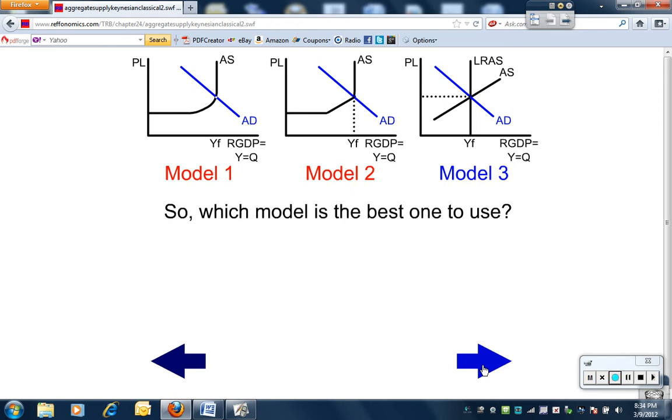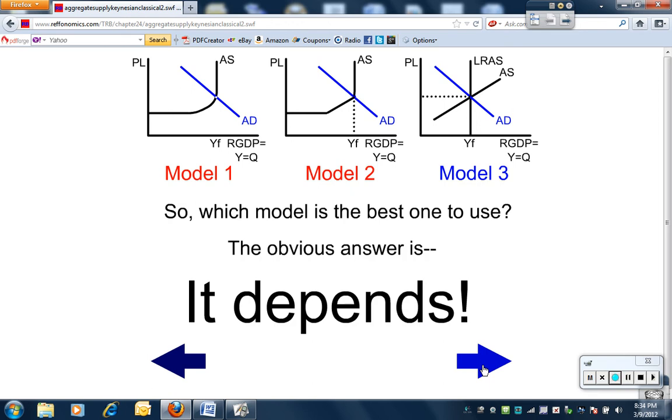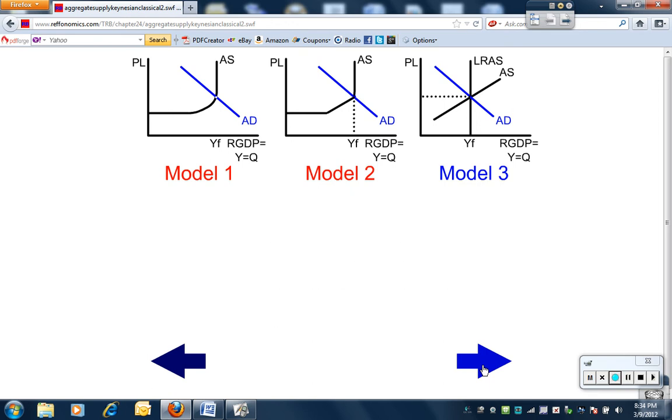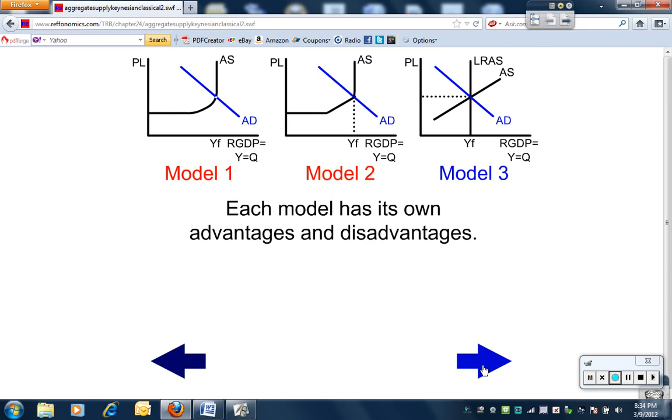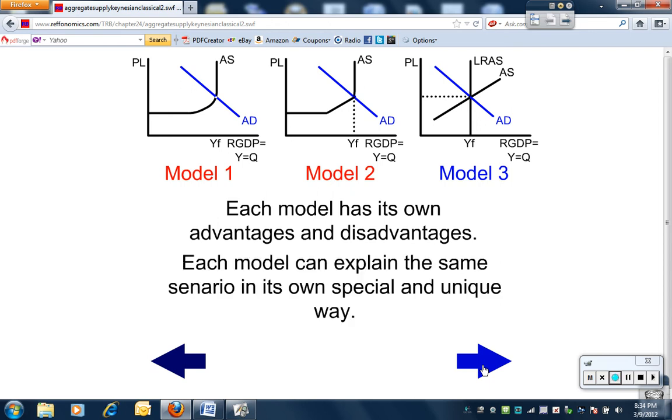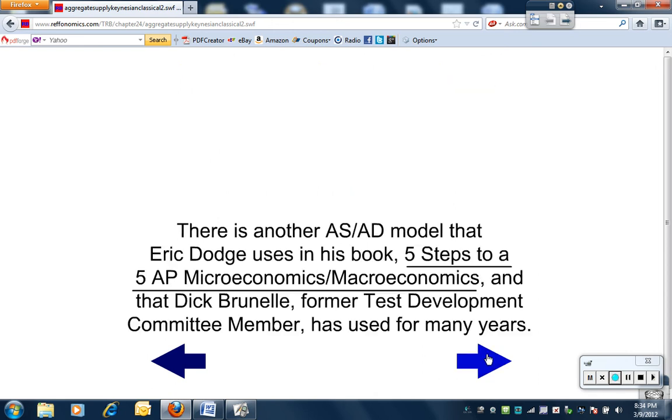So what do we use? The question is, again, it depends. Each one of these models is accurate. Each one of them has its own advantages and its own disadvantages. It will explain the same scenario in its own unique and special way.